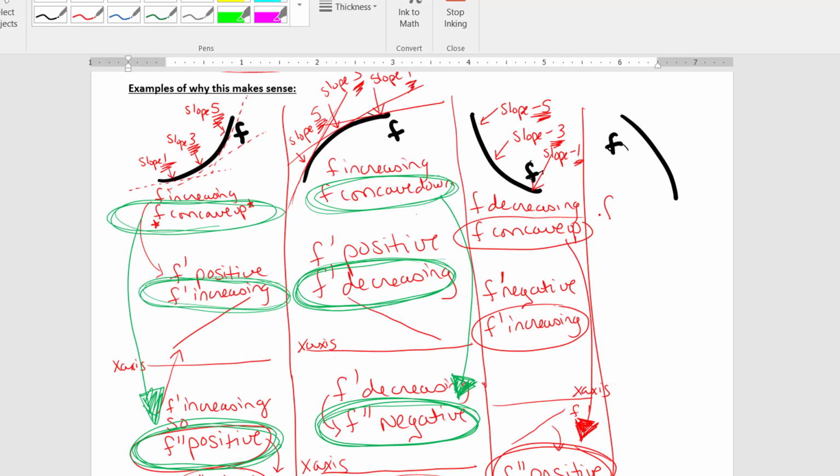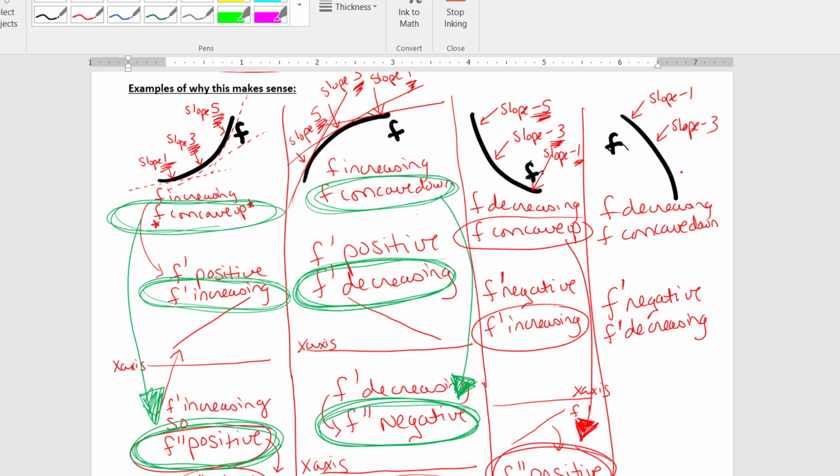Lastly, f decreasing, f concave down. Since f is decreasing, we know f prime is negative. Since f is concave down, we know f prime is decreasing. Again, this would be like slope -1, then it gets steeper. Slope -3, then it gets steeper. Slope -5. Those slopes are decreasing.